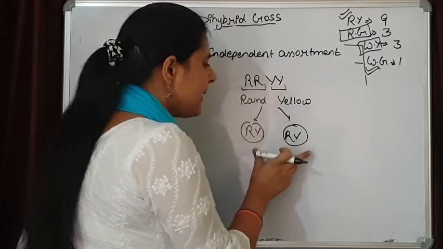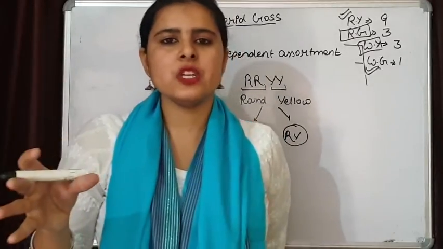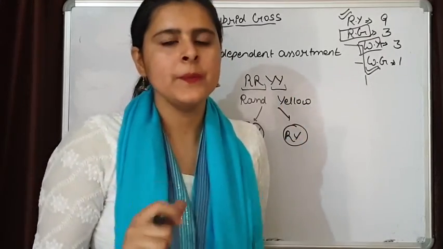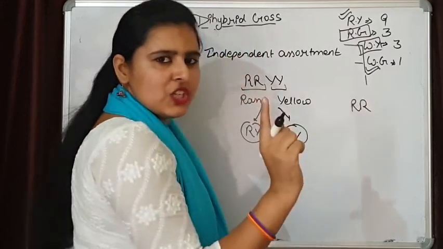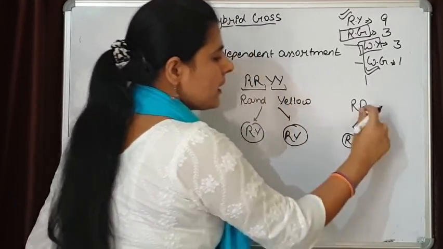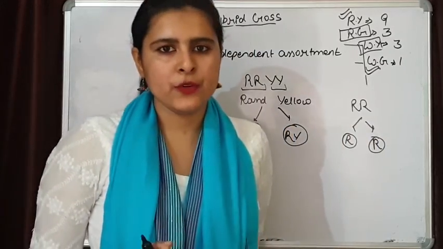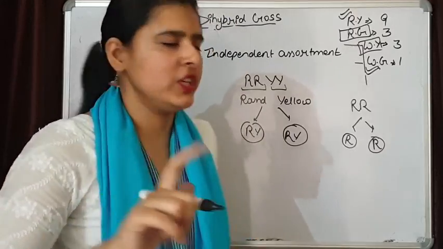This is independent assortment. What is the difference between the law of segregation and the law of independent assortment? In the law of segregation, we were only talking about a single gene, and there was separation of this single gene at the time of gamete formation. That means it was intragenic, within one single gene.